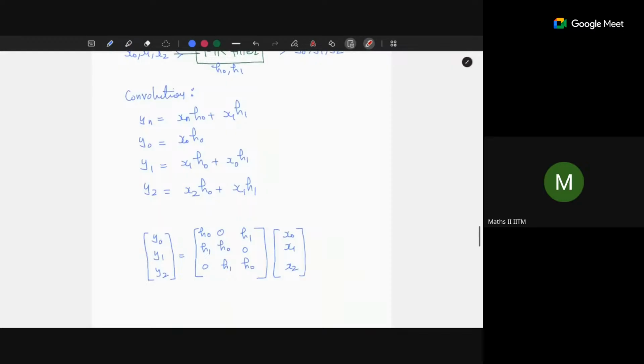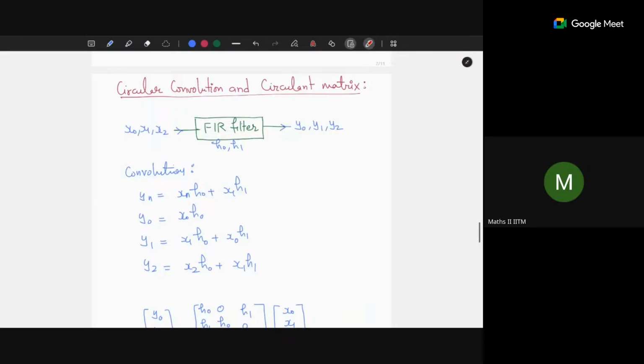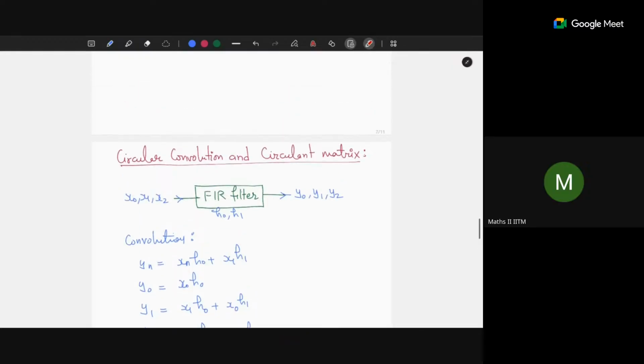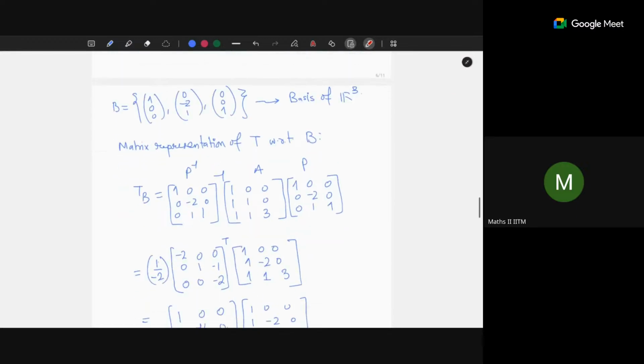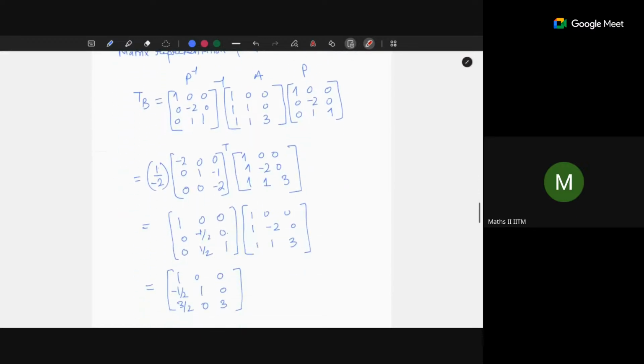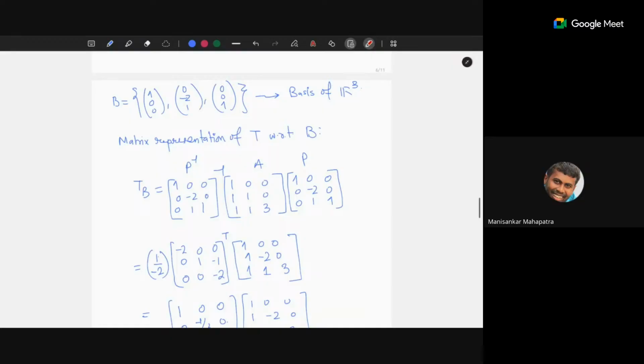All right. So this is the last topic of today's discussion: circular convolutions and circulant matrices. Anything else from this part of the question? Yes, Manishankar. Sir, is there any standard for up to what extent we will call it a near diagonal matrix?